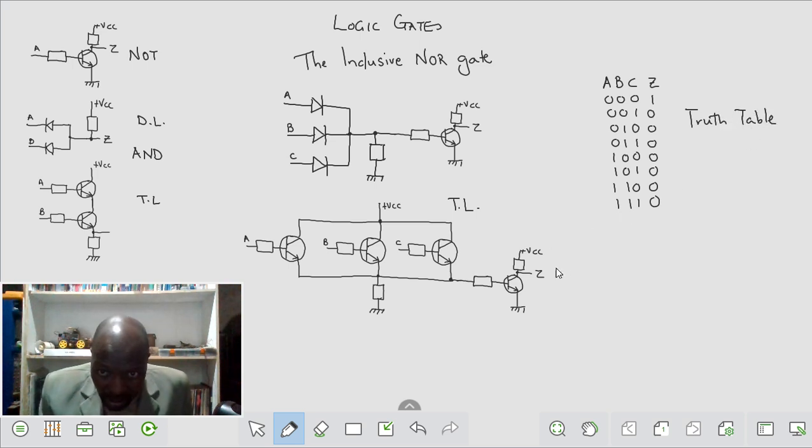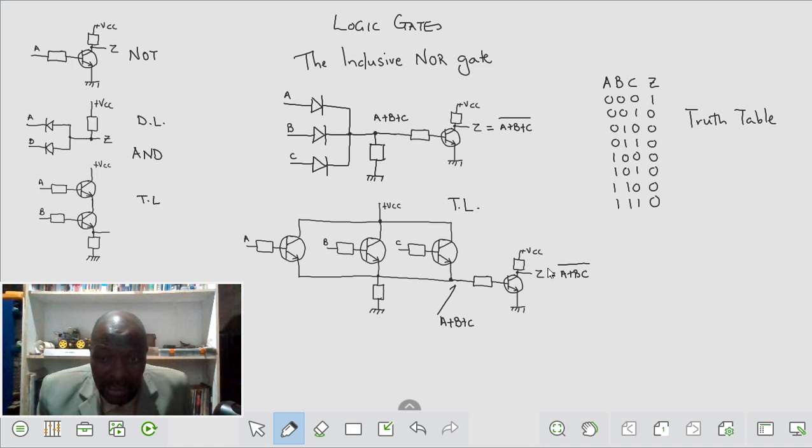Now, our output here was A or B or C, but here it's going to be A or B or C, not. Same as there, the output here would have been A or B or C, but the ultimate output after the inverter will be A or B or C, not.